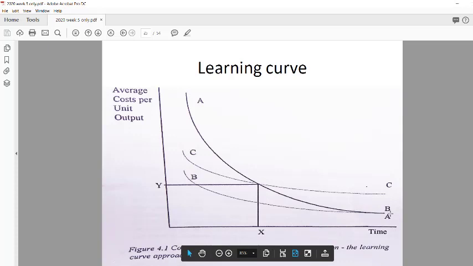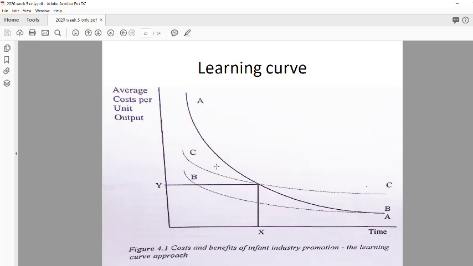So you have AA here, the dark solid line. BB is the foreign firm. What we can see is that at the time you enter into the market, their learner curve is below your learner curve, meaning they are doing a lot better than you, and in terms of costing, the production process is cheaper than yours.